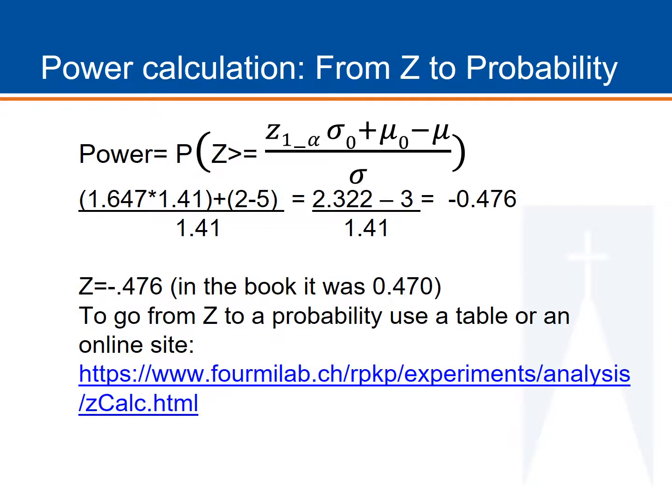So when we're looking at the power calculation, we have the z statistic minus 0.476. Now in the book there was a mistake. It was given as 0.470. But to go from a z statistic to a probability, you have to use a table or an online site. And I'm giving the link for the online site that I use to convert the z statistic into a probability.